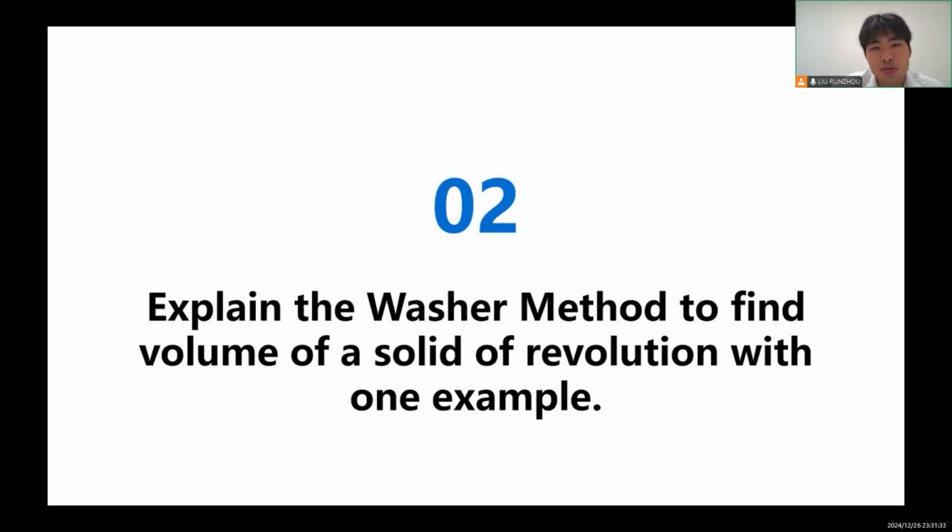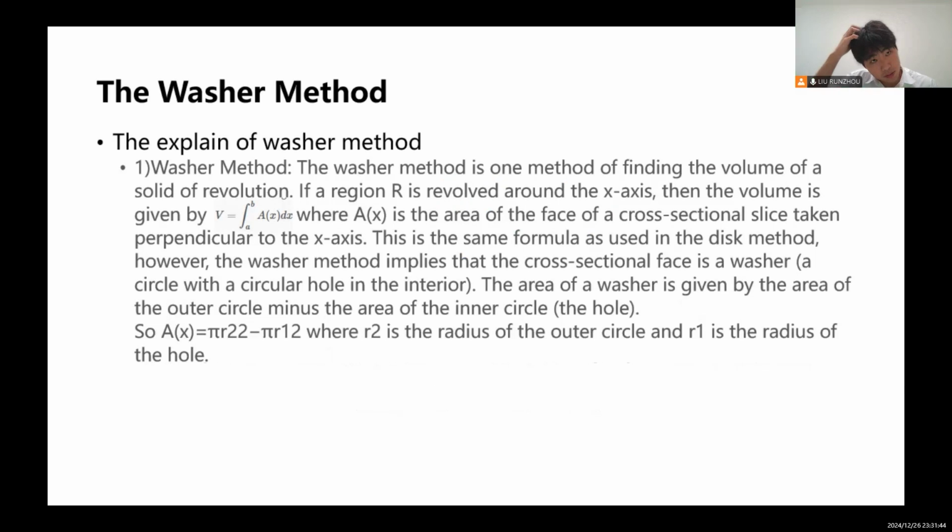Well, let's go to the second part. Explain the washer method to find volume of a solid of revolution with one example. Well, what's the washer method? We can see the explanation of the washer method. The washer method is one method of finding the volume of a solid of revolution.